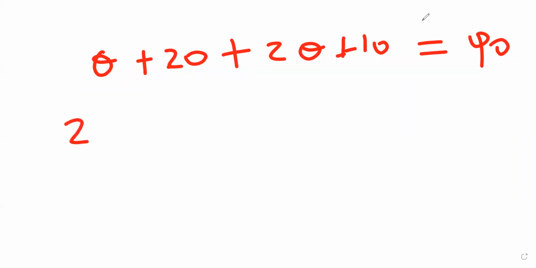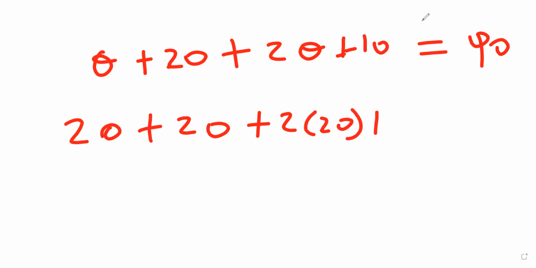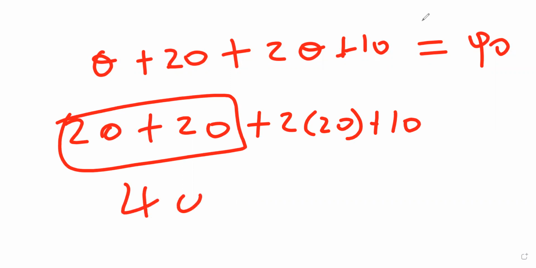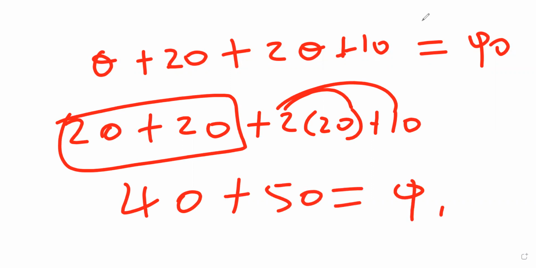Theta is 20, so everywhere we see theta we put 20. We get 40 right here. 2 times 20 is 40, plus 10 is 50. And so there you go.